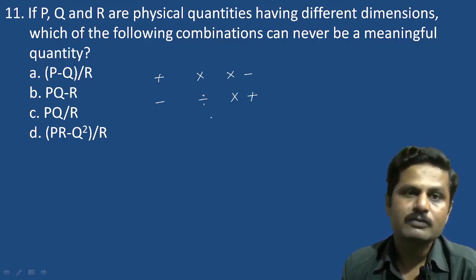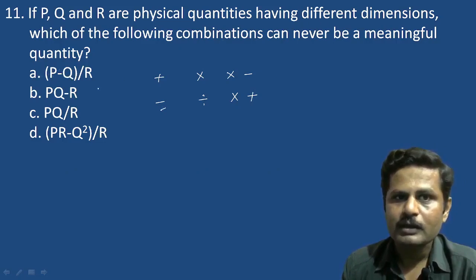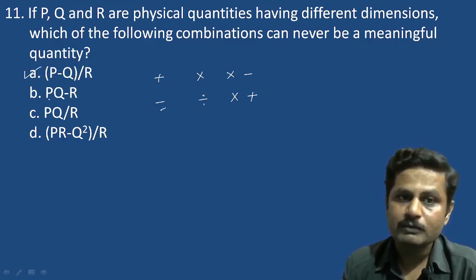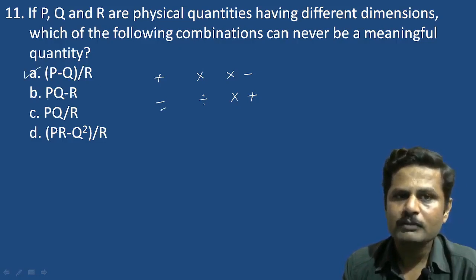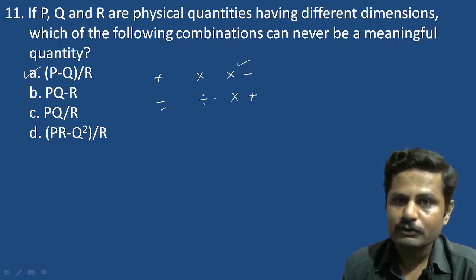So according to this principle, here P minus Q is direct subtraction, which is not possible. So this option, that is option A, can never be a meaningful quantity. So therefore option A would be the correct answer. Whereas PQ minus R, this is multiplication combined with subtraction, is allowed according to the principle of homogeneity. Next, PQ divided by R, that is multiplication combined with division, is also allowed.